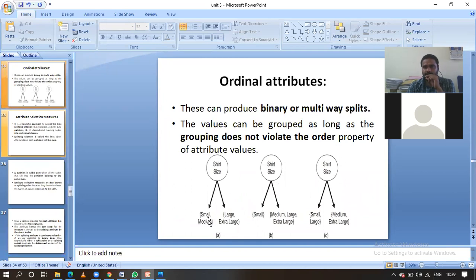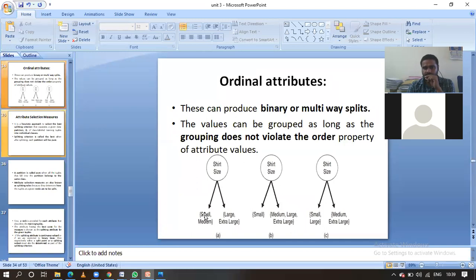The next one is ordinal attributes, which have an order, like rankings, for example results like S grade, O grade, A grade, B grade, C grade. That will have some order. That will be represented in a binary way by combining two. One thing you have to note is that while grouping, you should not violate the order.